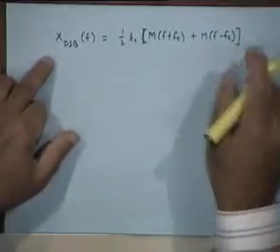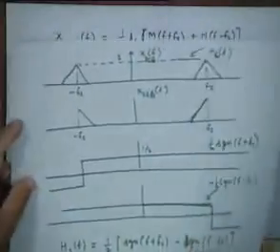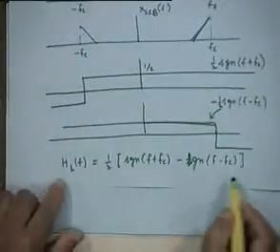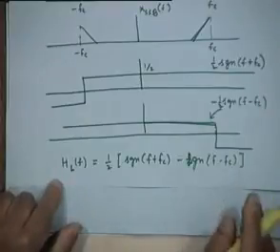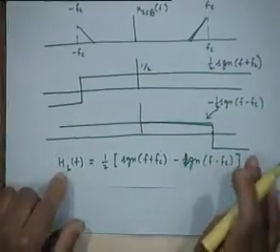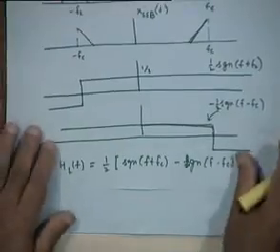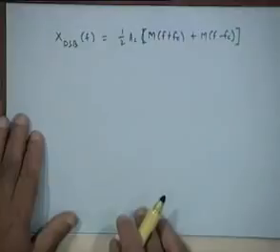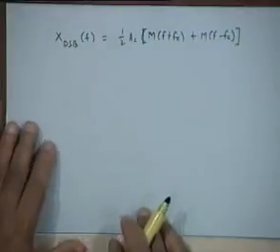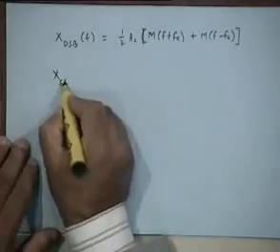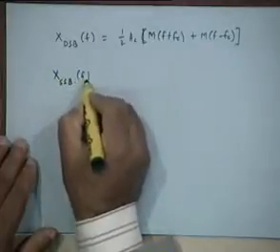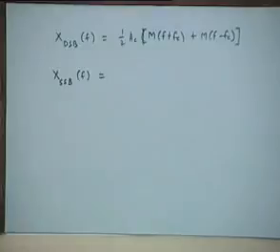You are multiplying this spectrum with this transfer function to produce your SSB output. Agreed? If I multiply this transfer function with the DSB-SC spectrum, which is this, I'll get my SSB spectrum. Therefore, my expression for the SSB spectrum in the frequency domain can now be written in a closed form.